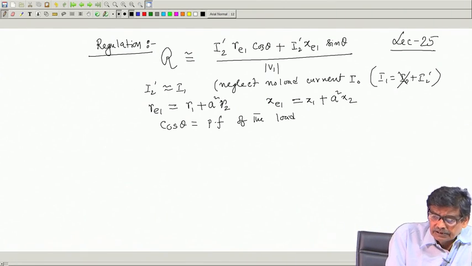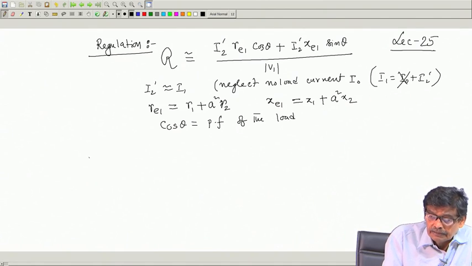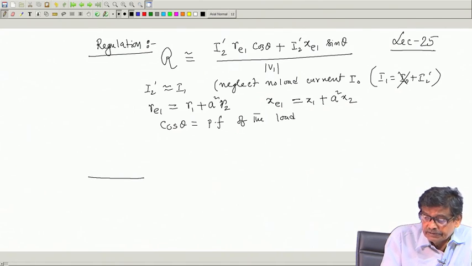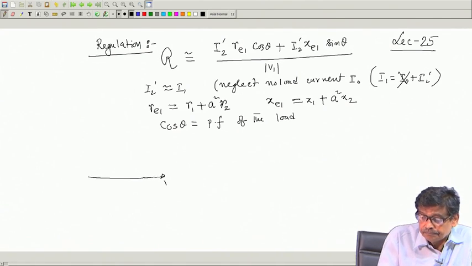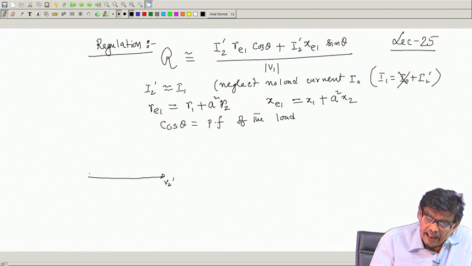In that case, what would happen? I will draw V2 dashed, and suppose the load power factor is leading, so I2 dashed is like this.